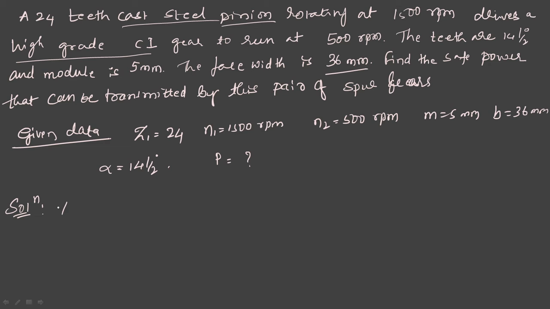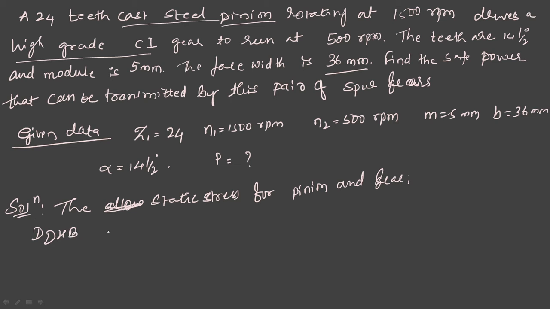So what you can say is the static stress for pinion and gear. To get the static stress for pinion and gear, let us refer to the design data handbook.